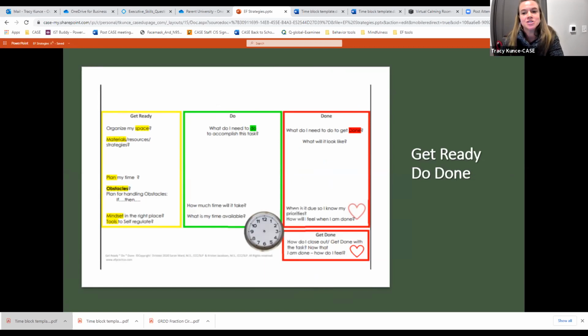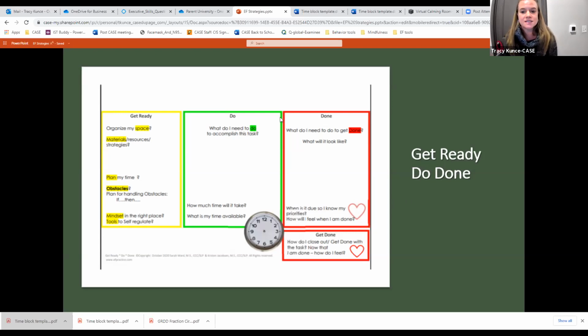You want to be able to picture your end result first. And for a lot of our kids, it's difficult for them to initiate projects or persist through them many times because they can't picture that end result. This is something that's developing as they're getting older. And this tool helps them develop that thinking.